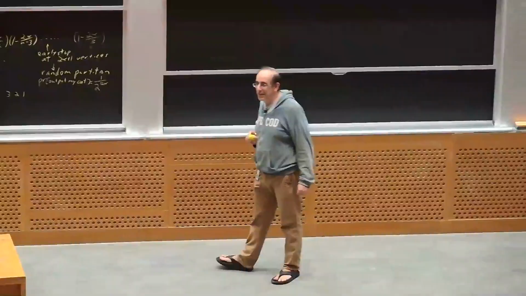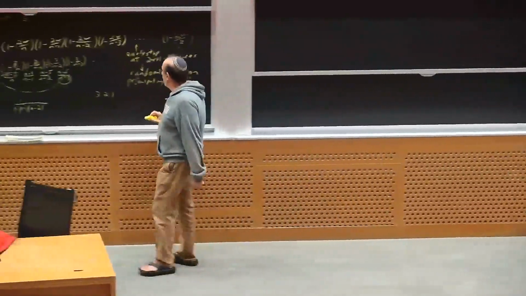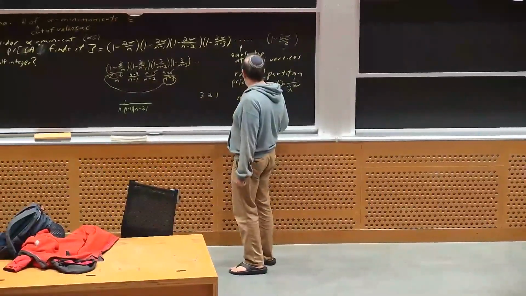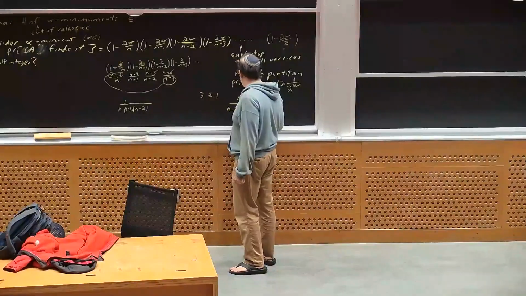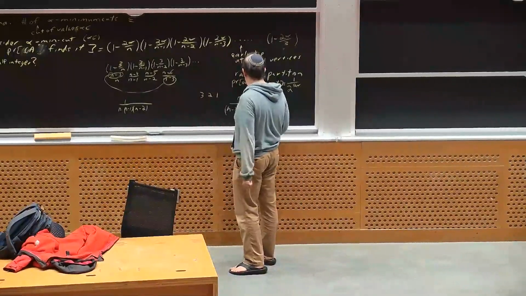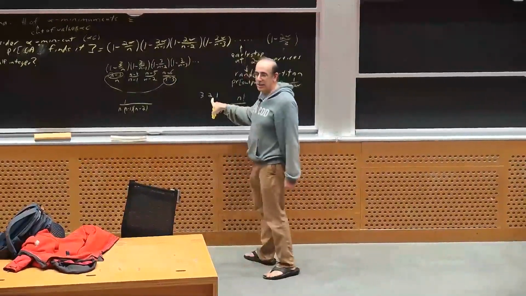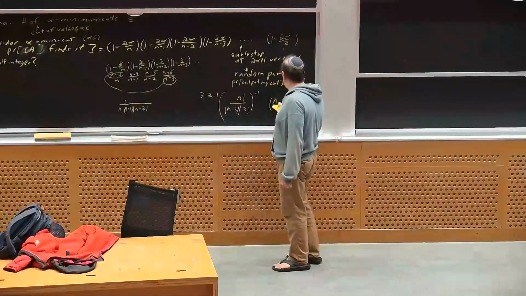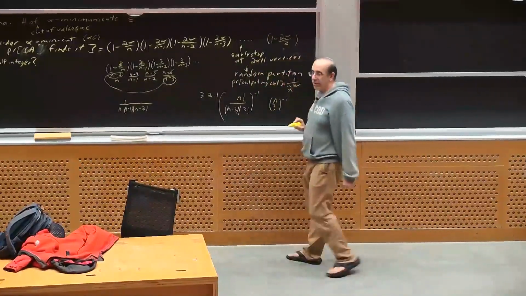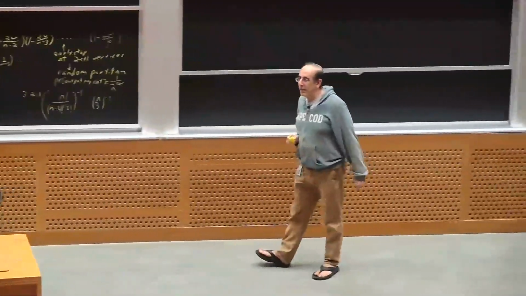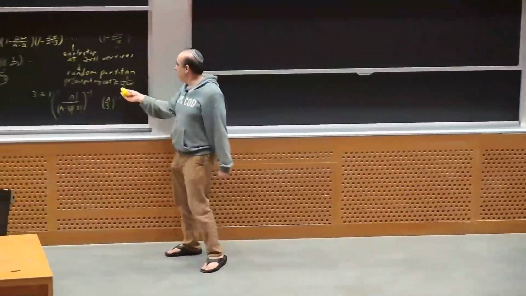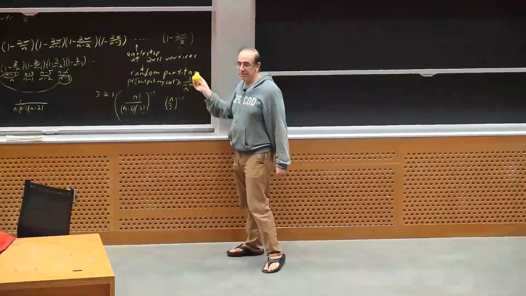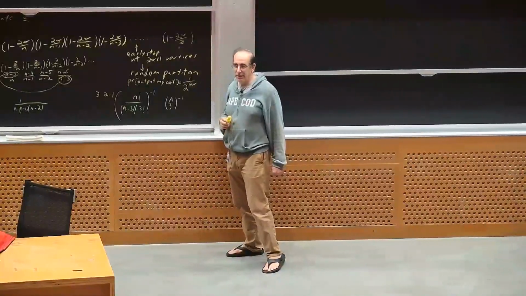So what we actually have is n factorial over n minus 3 factorial in the first part, and then 3 factorial here, all inverse, which is just n choose 3 inverse. But then we multiply it by this little factor at the end.